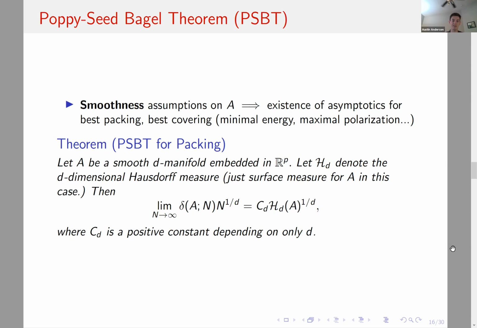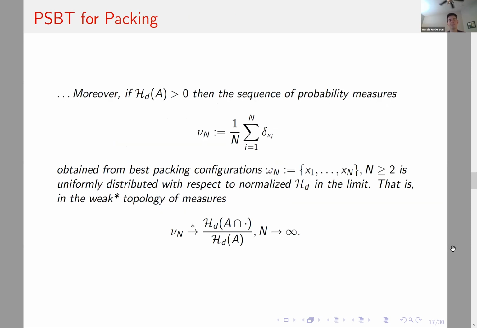So that tells us about the existence of this limit, but furthermore, and this is where we'll see poppy seed bagel comes into play, we can discuss the distribution of the best packing configurations. So as long as your set has positive Hausdorff measure, then if you begin with a best packing configuration ω_n, and you form what we call an empirical counting measure ν_n by being 1 over n times the sum from 1 to n of δ_{x_i}.